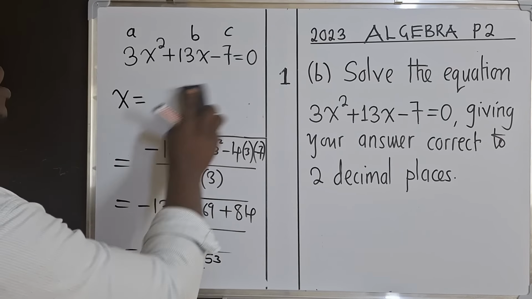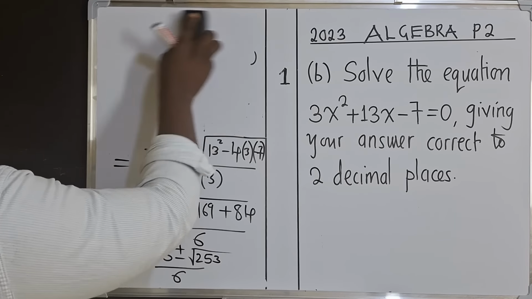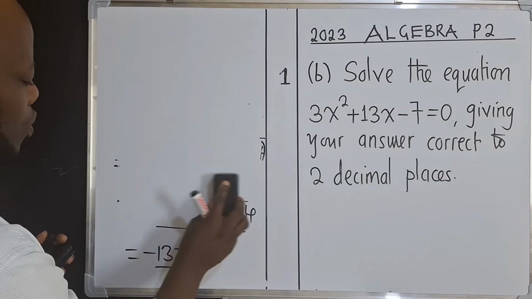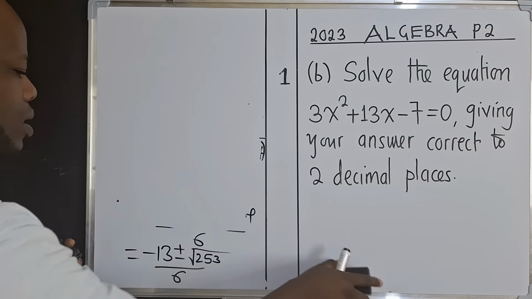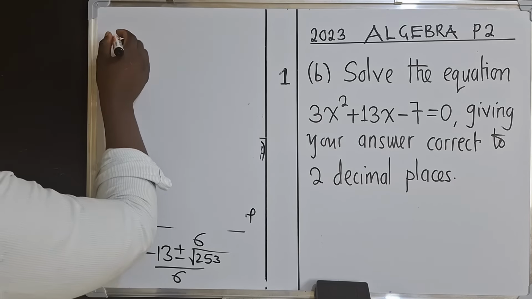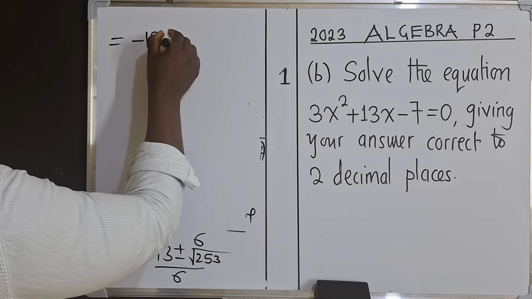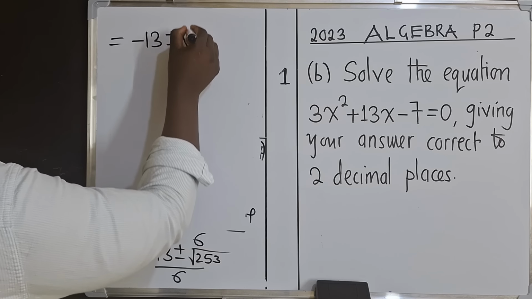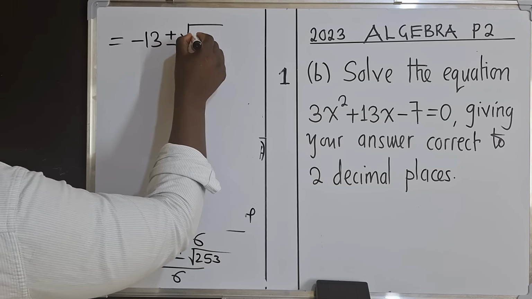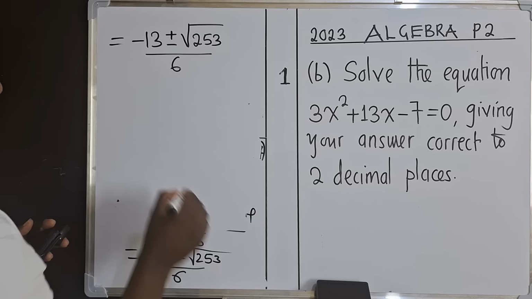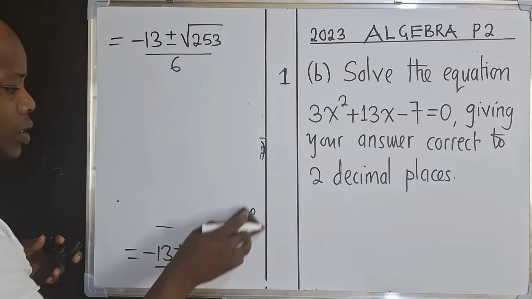So now this is what we have right here. Let me copy here, we separate. We are running out of space, so let's do this. We've got negative 13 plus or minus square root of 253, over 6. I've just copied this point.